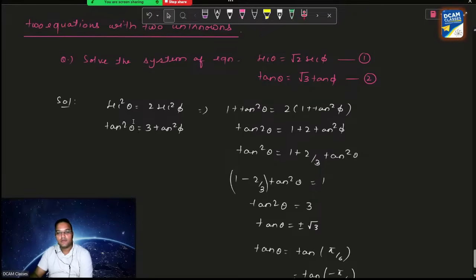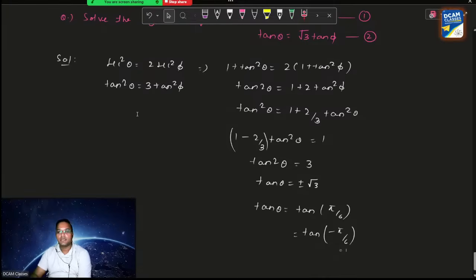Either way you can solve. Either you can go for the sine theta and sine phi relation, or you can go for cos. I got sine square theta is equal to 3 sine square phi. Then you may not be getting the result, because you won't have anything in terms of root 3.